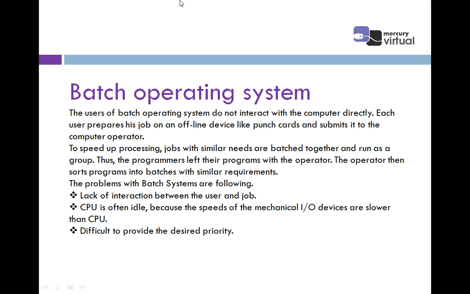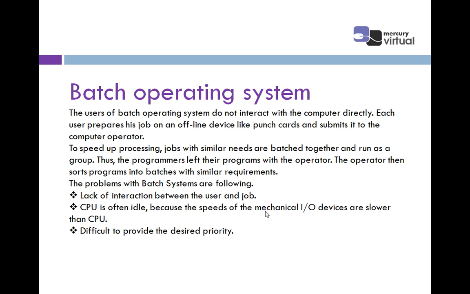Next point says CPU is often idle because the speeds of the mechanical input-output devices are slower than the CPU. Means sometimes if there is no requirement of the input-output devices, or if the mouse is not working, then CPU is often idle. Means there is no work for the CPU. So it is also a main limitation of the batch operating system.